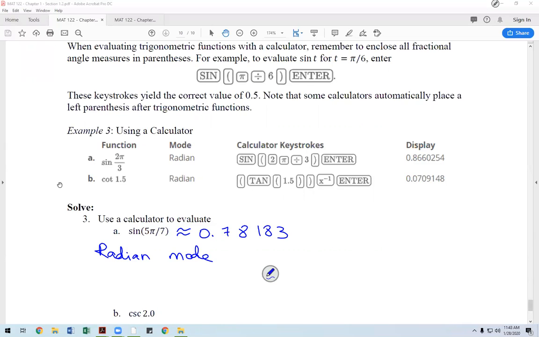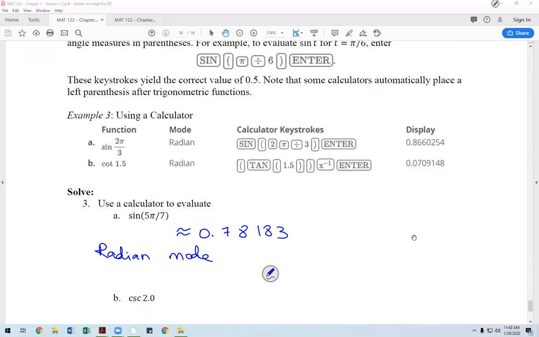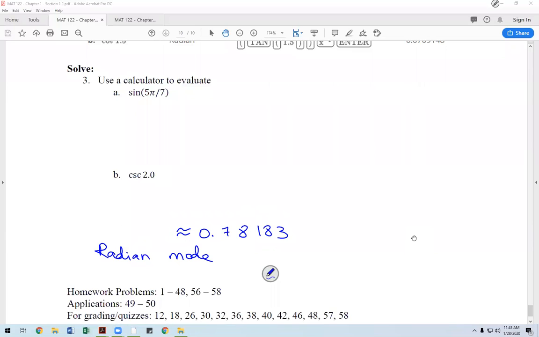What are you going to do for part B, which is cosecant of 2.0?